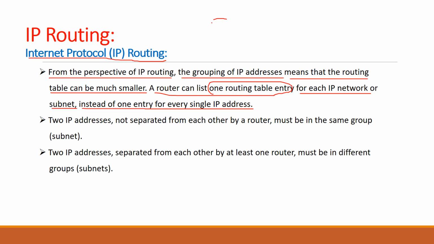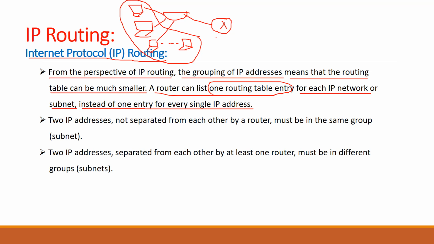What does this mean? If we have a router here connected to a switch, and this switch has PC1, PC2, PC3, and PC100, they are all in the same group.